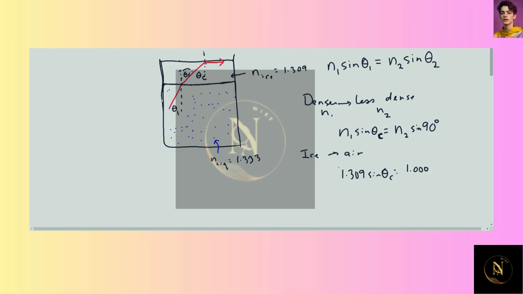And then we can see how this critical angle can occur. Sine of angle must be less than 1. And this works out to be an angle of, let's try 4 sig figs just to be sure, 49.81, we'll call it.